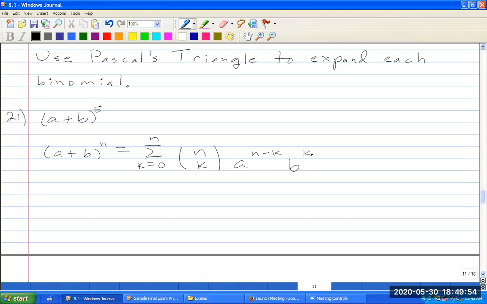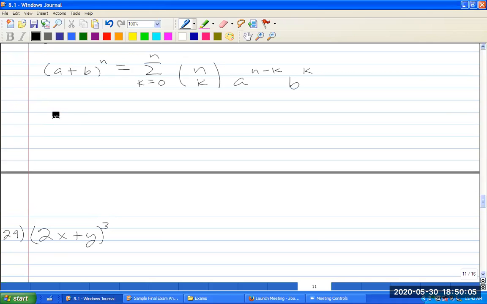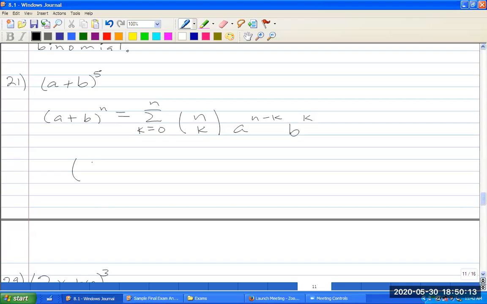Okay, so let's do this. So this is equal to, in this case, I'm going to use the fact that it is found in Pascal's triangle.